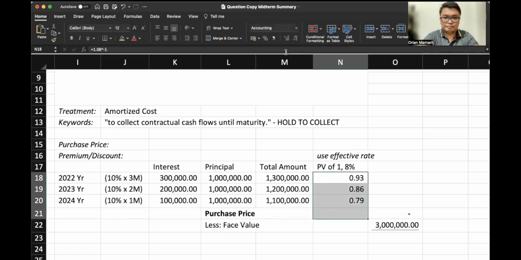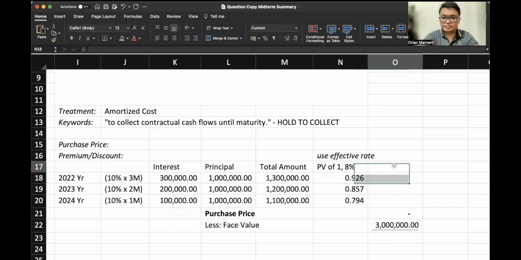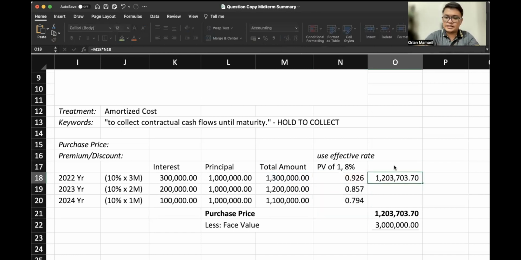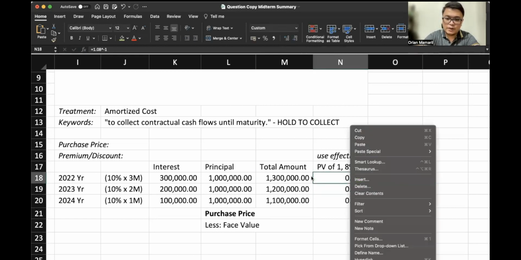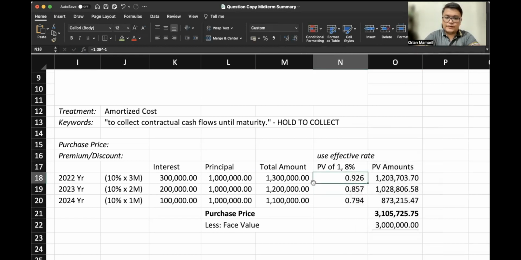So let's see here. This would be this multiplied, right? So this would be the PV amounts. We multiplied each amount by their corresponding PV factor. Again, what it's saying is the value of 1.3 million, which we will receive 1 year from now, today, the value of that is 1.2.